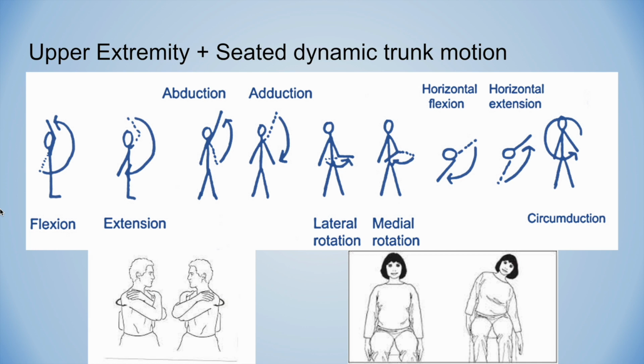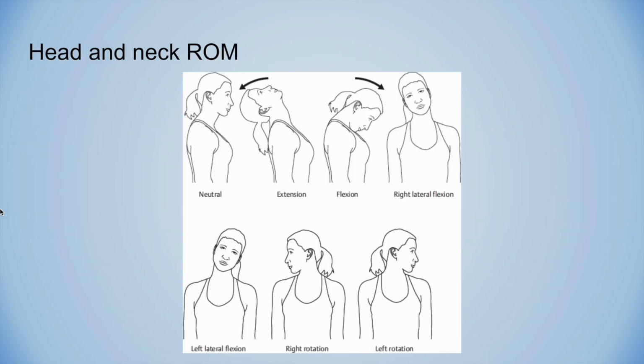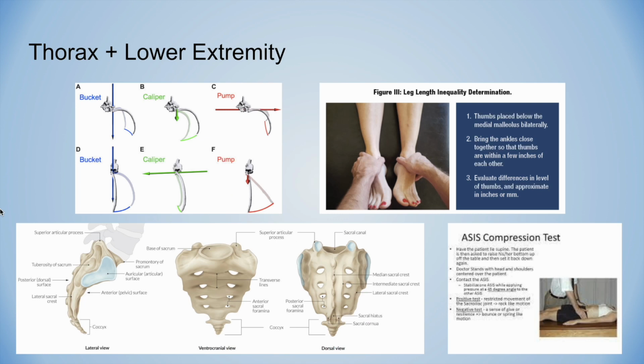And then having the patient rotating and side bending from a seated position to sort of lock out the pelvis and make sure that the motion that's happening is in the spine and not just in the hips. Then looking at the head and the neck range of motion into flexion, extension, lateral flexion, and side bending, lateral rotation. And then moving to the thorax and the lower extremities.